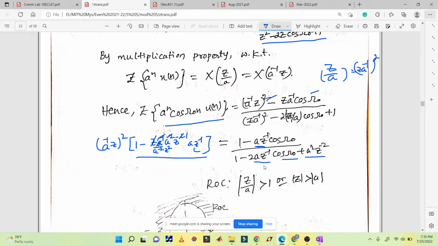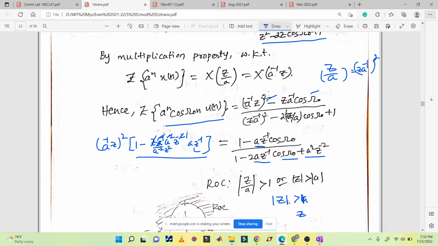Okay, and ROC, as we know, for cosine and sine signal with u of n multiplied, ROC is always greater than z. Always greater than z for u of n signals or right sided sequence. Now we are replacing z by, sorry, z greater than 1.